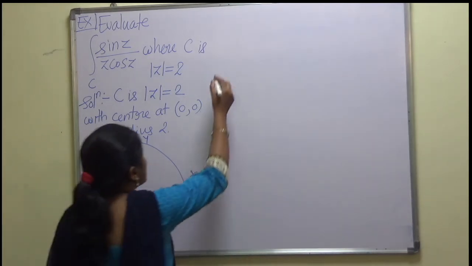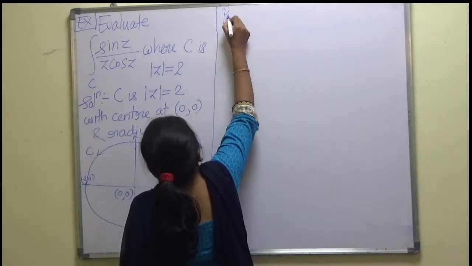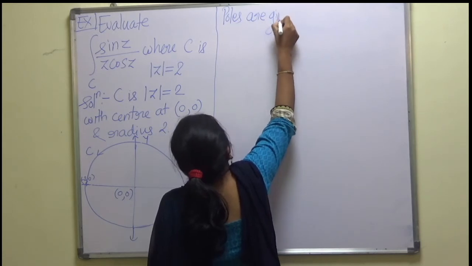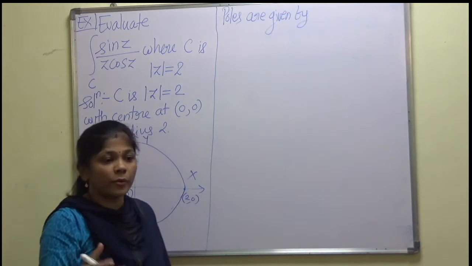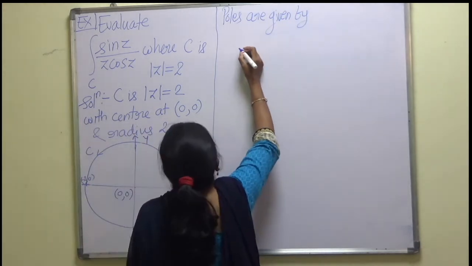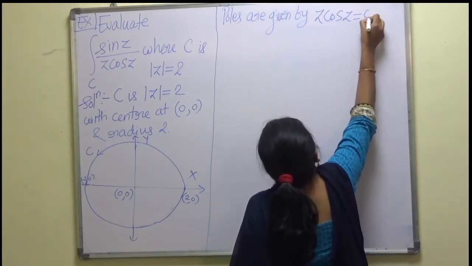Now let us find the poles. Poles are given by equating the denominator to 0. Here we want to find the values of z which will make this function not defined, and that is given by the denominator equated with 0.